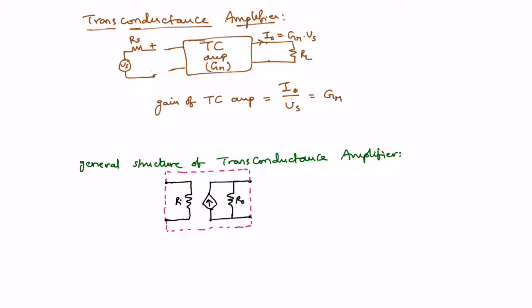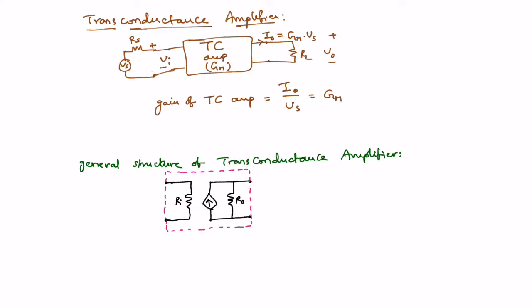The voltage at the input terminals is not Vs, it is treated as Vi, because the effective input signal is after the drop across Rs, and the voltage across RL is V naught, which depends on how much current it gives as output, I naught.